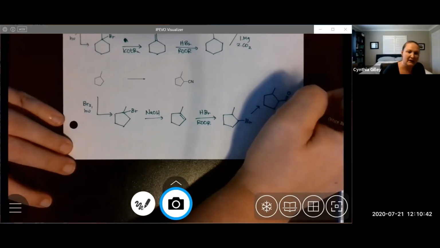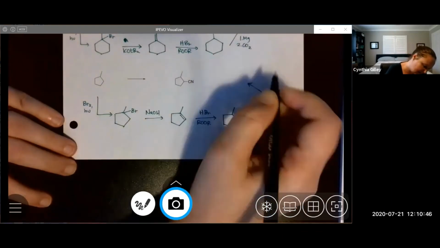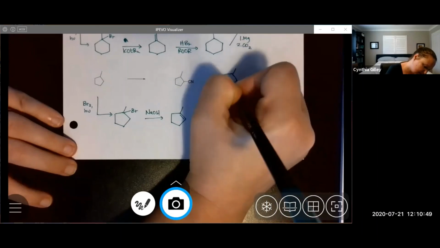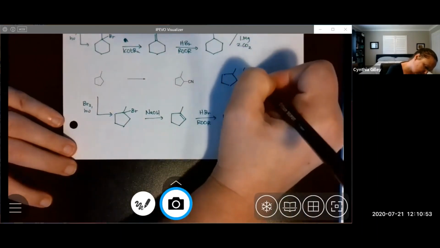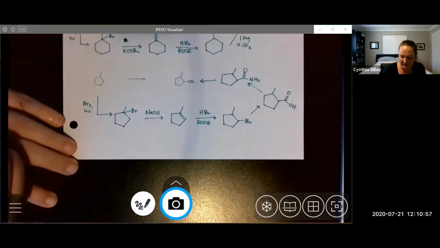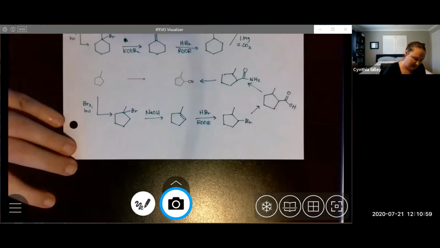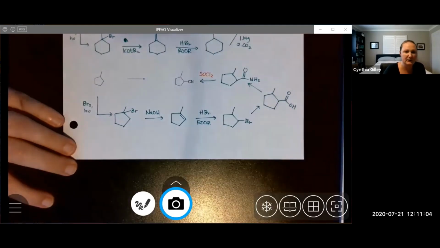So we could make a carboxylic acid, we could convert that to an amide, and then convert that amide to a nitrile. Right, so the conditions here for the last step is a dehydration with SOCl2.